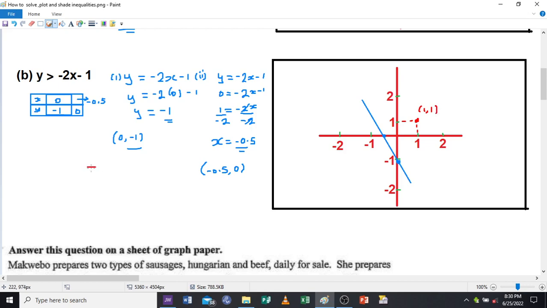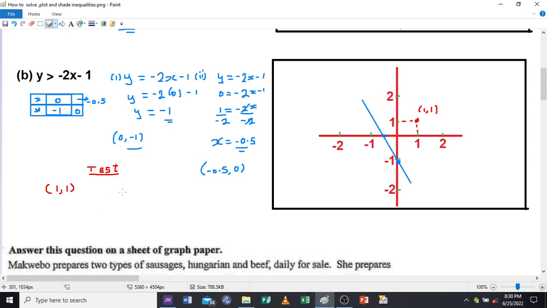Now, to test where we are shading, we can have our equation. So we are using the points 1, 1. There's a part which we are going to shade.